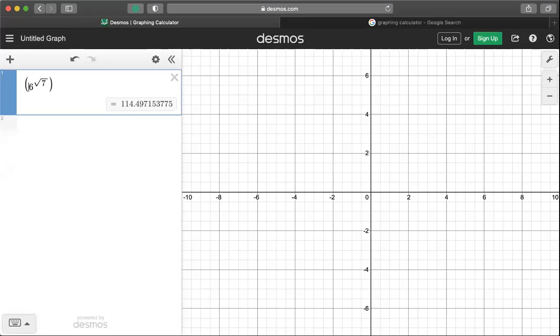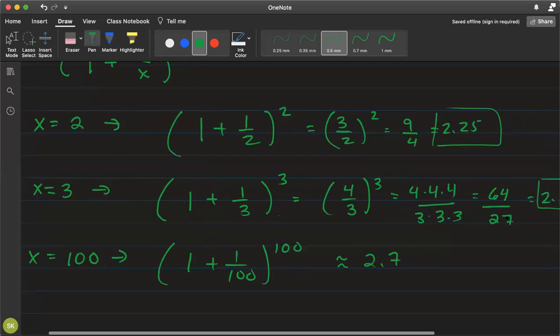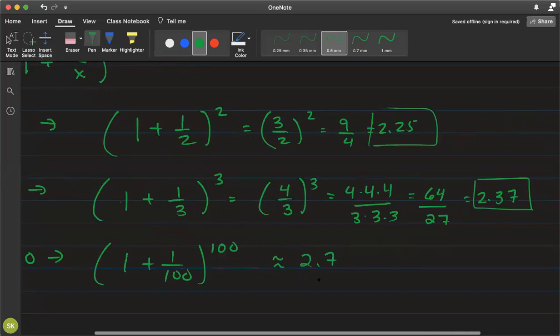So if I erase this, 1 plus 1 over 100 raised to the 100, I get 2.7 something. And you can see it's still close to 3, but it's 2.7. So it's bigger than the last value. Let me share back the other screen. This is about 2.7. The other one was 2.37. So it looks like we're getting close to 3.